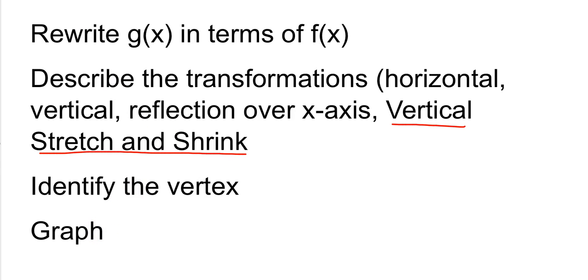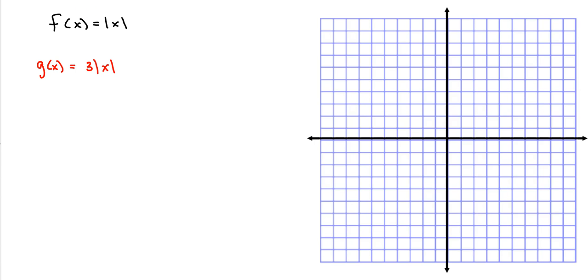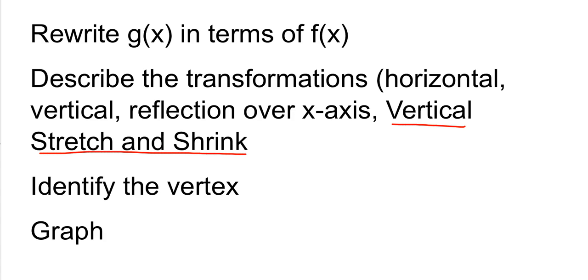All right, so let's go back to this original function. f of x equals a times the absolute value of x minus h plus k.